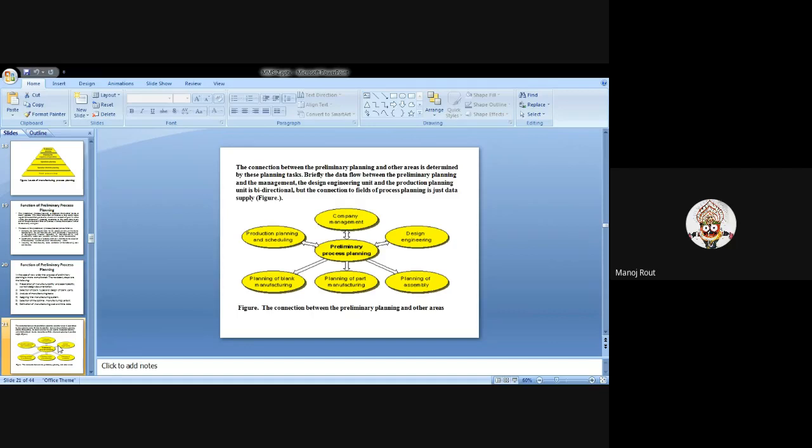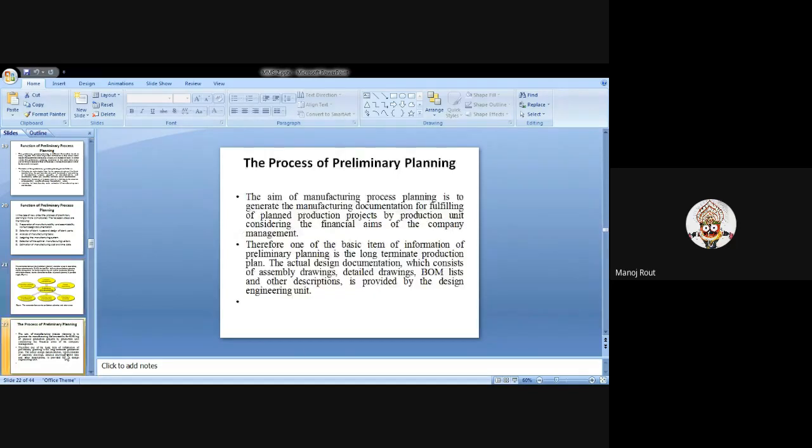So the data flow between preliminary planning and the management, the design engineering unit, and the production planning unit is bi-directional, but the connection to the field process planning is just supply. Starting from production planning and scheduling, these are bi-directional, company management is bi-directional, and design and engineering are also bi-directional.